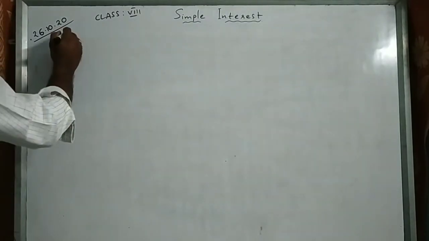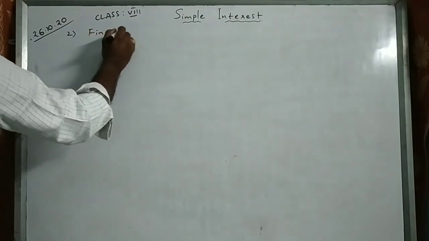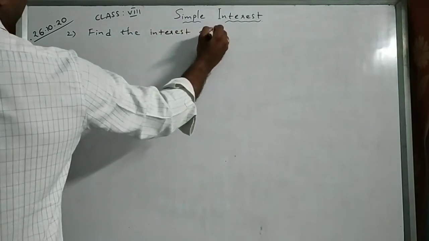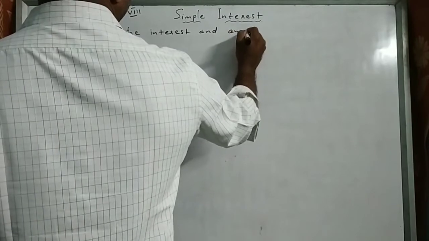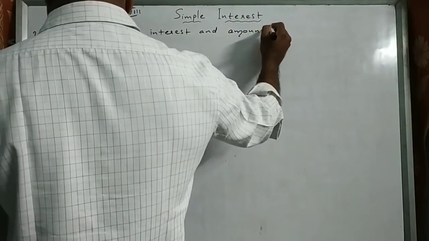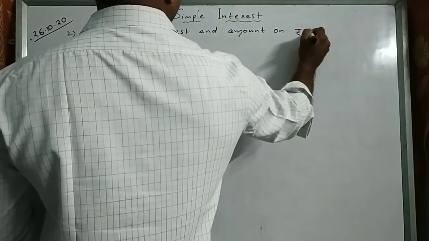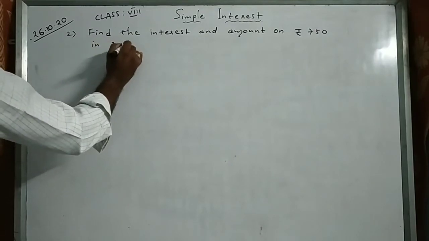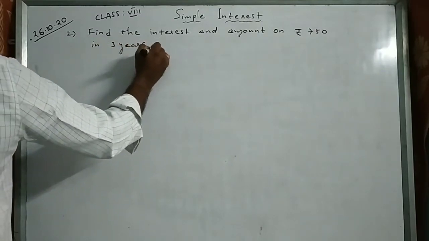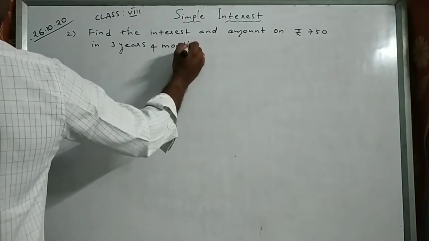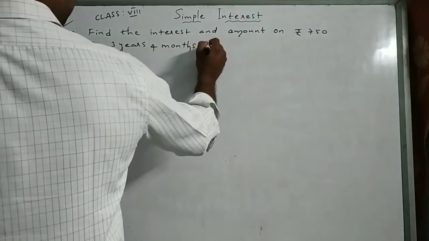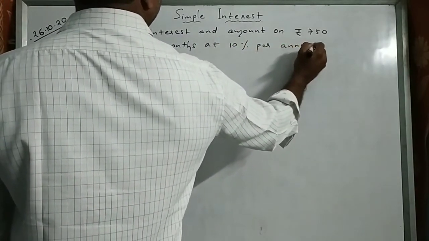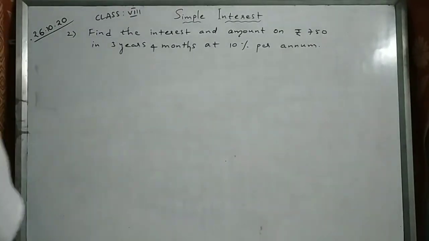Find the interest and the amount on rupees 750 in 3 years, 4 months at 10% per annum. Okay?